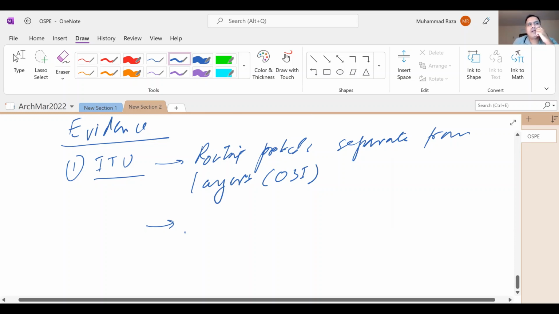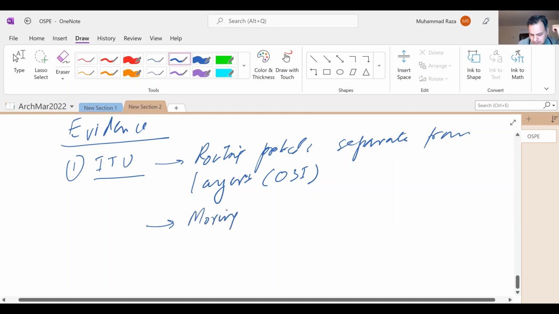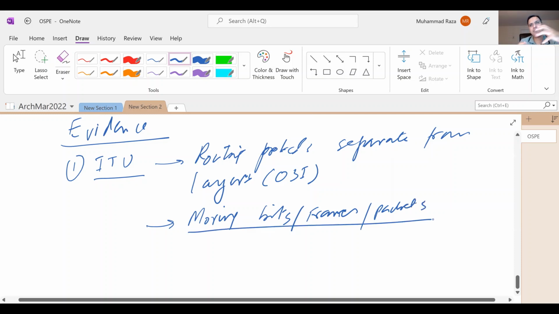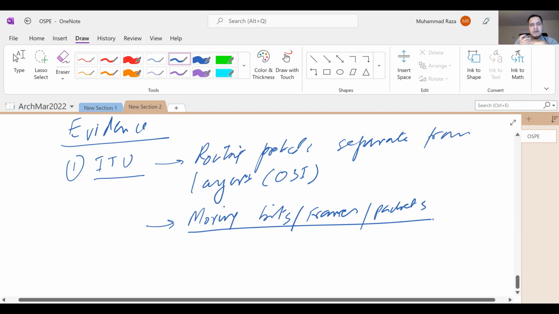They call it moving the bits, frames, packets. Under this heading, they put the routing protocols. So they provide the basis of the support based on which L3 makes decisions. This is one evidence.